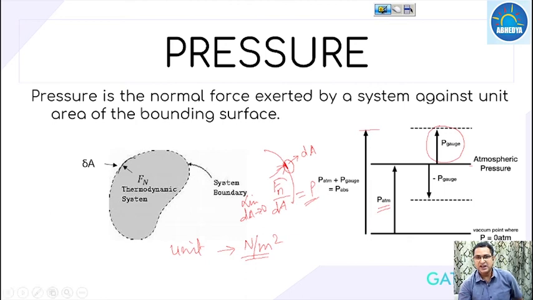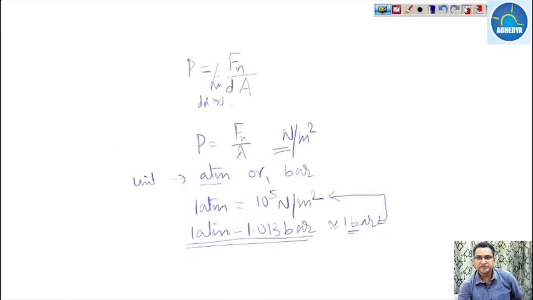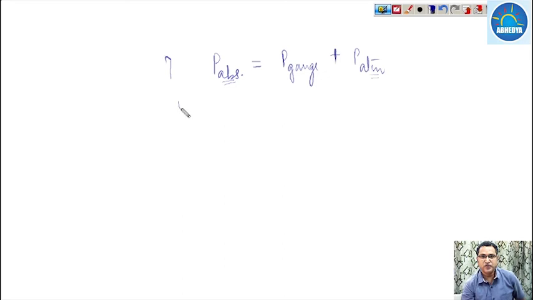Always remember one thing: P absolute, this is absolute pressure, is always equal to P gauge plus P atmospheric. This is absolute pressure, this is atmospheric pressure. Now I am signifying gauge pressure as Pg.